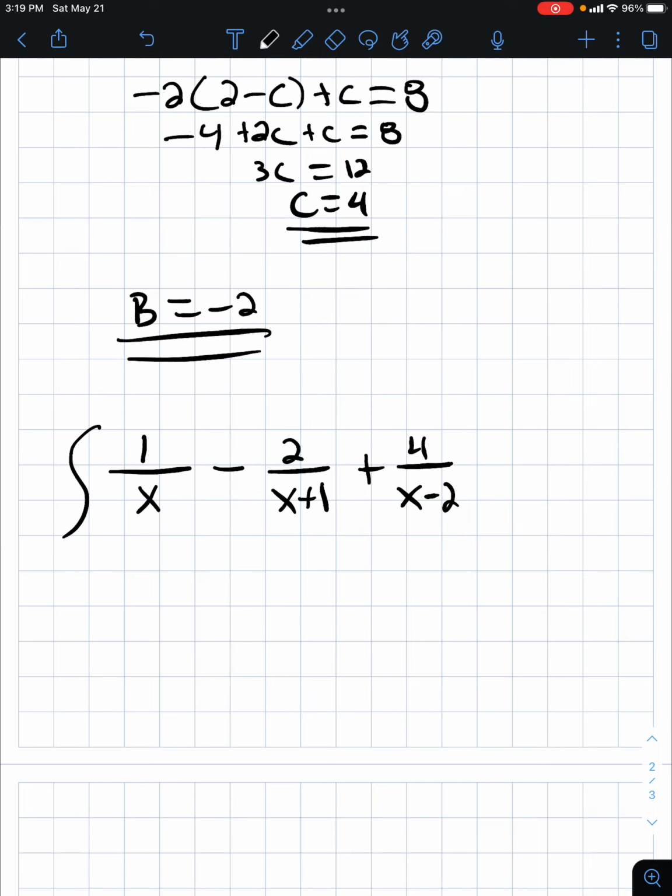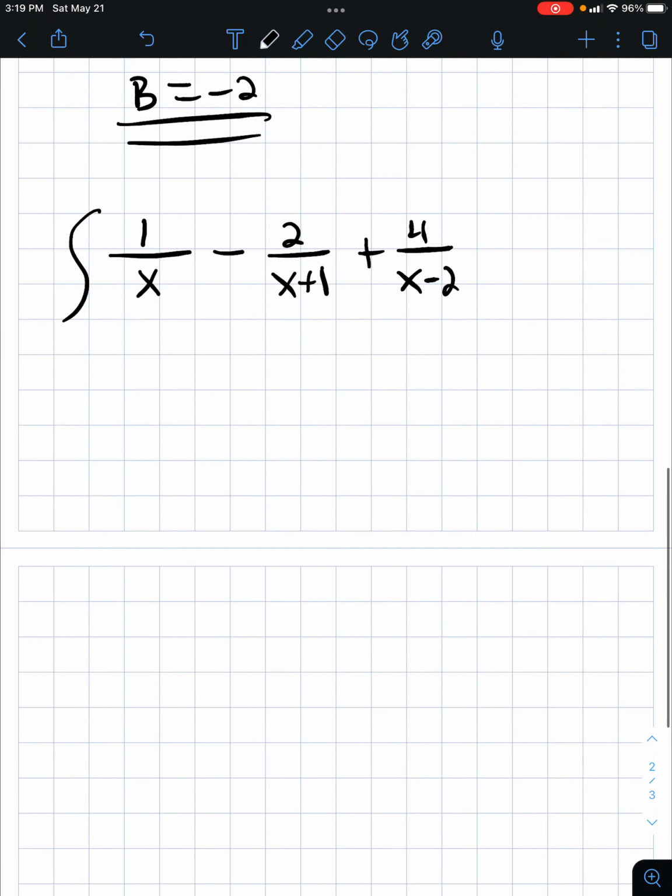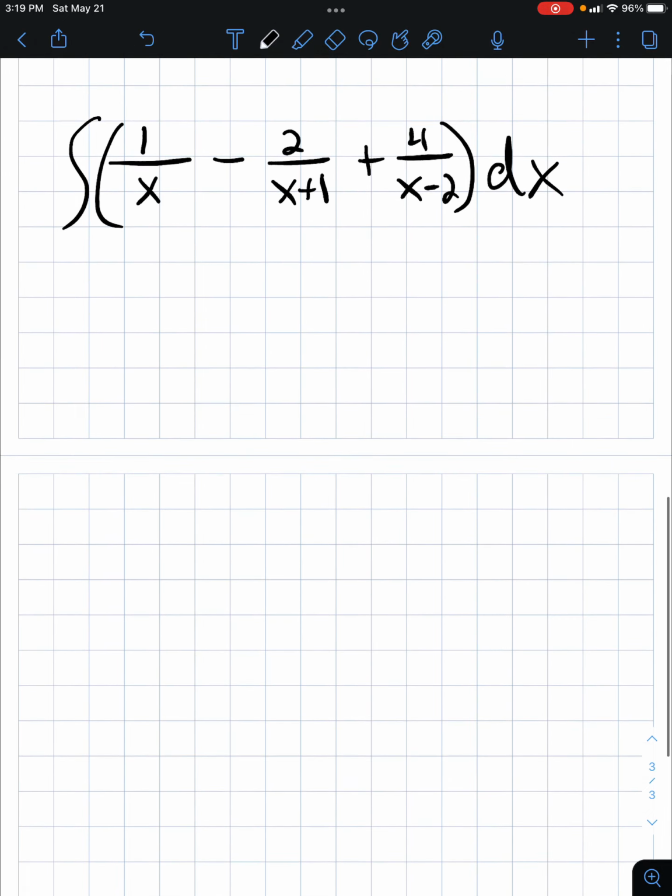And we are going to integrate our new decomposed fraction, which is much simpler to integrate. So now we evaluate this.